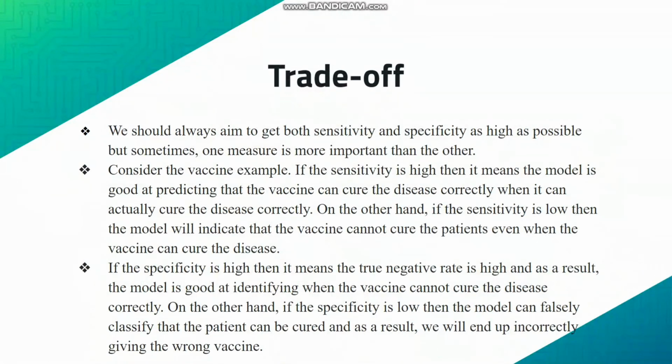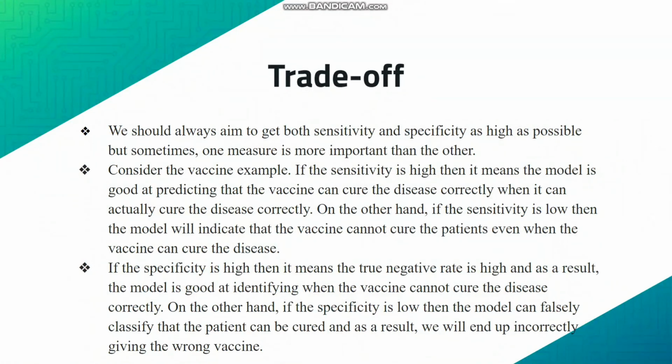If sensitivity is high, then it means the model is good at predicting the vaccine can cure the disease correctly, when actually it cures the disease. On the other hand, if sensitivity is low, then the model will indicate that the vaccine cannot cure the patient, when the vaccine actually can cure the disease.